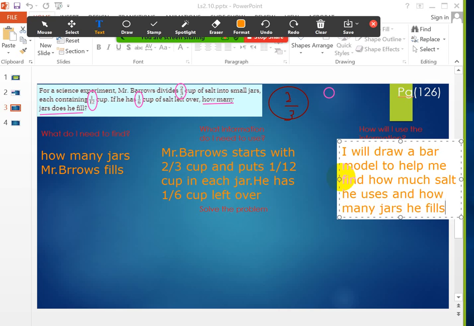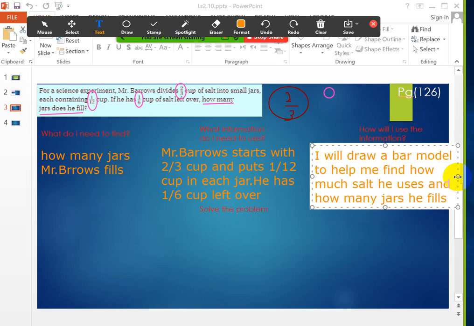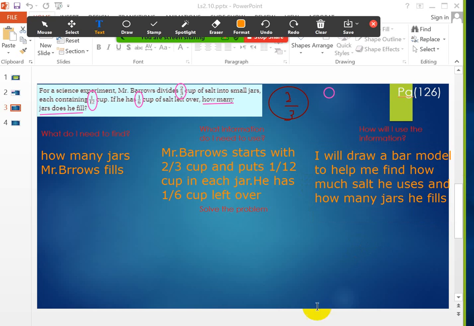So I want to use the bar model to help me know how much he will use and how many jars he will use.